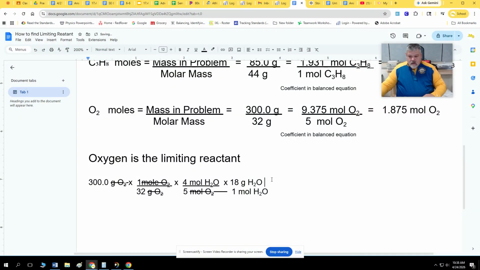Okay, and then we'll underline this one. Okay, I can get rid of moles of water right here and moles of water down here. So I know that I'm going to end up with grams of H2O, which should be the only unit left. Everything else is crossed off.